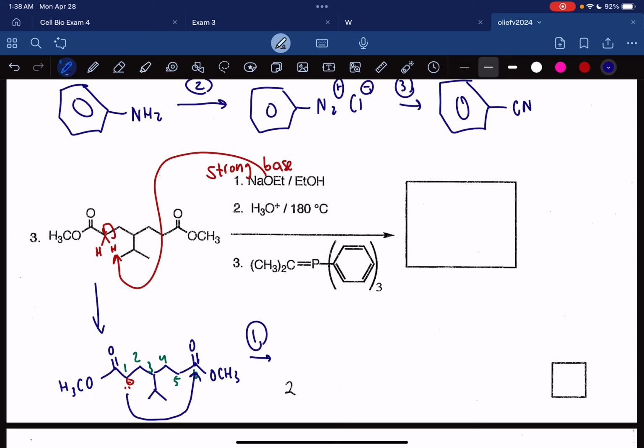So this is now where we'll put 1, and we just formed a 6-member ring. So let's draw that. 1, 2, 3, 4, 5, 6. And then on carbon 6 we have, let's see, so let's label this. We have, let's label the 1, 2, 3, 4, 5, 6. And so on carbon 1 we still have this ester group.